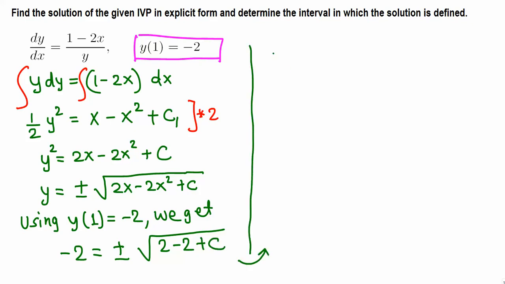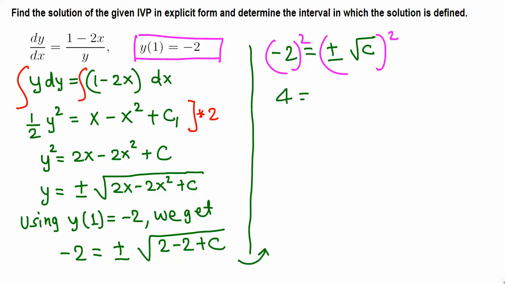Okay, so -2 equals plus or minus square root of, 2 and minus 2 cancel, c. Let's see, we are trying to solve for c. Square both sides, we get -2 squared, that's 4 equals just c, so c equals 4.